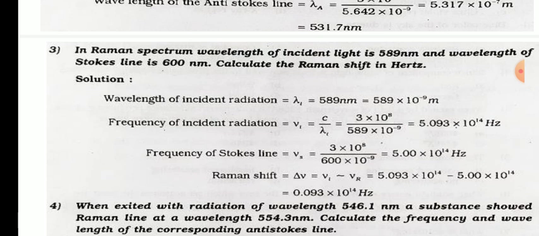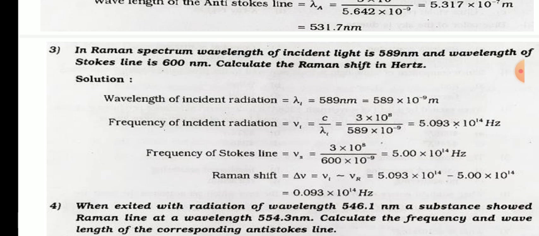The frequency of incident radiation, nu I, is C by lambda I, which works out to be 5.093 into 10 raised to 14 hertz. The frequency of the Stokes line, nu S, is 3 into 10 raised to 8 divided by 600 into 10 raised to minus 9, which works out to be 5 into 10 raised to 14 hertz.